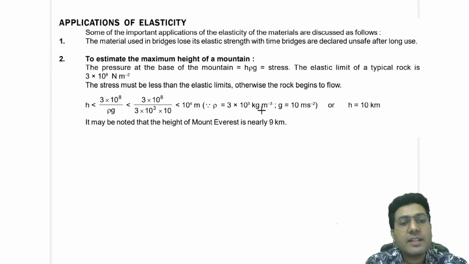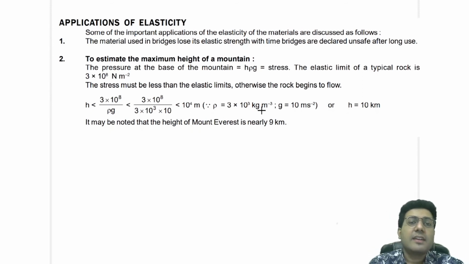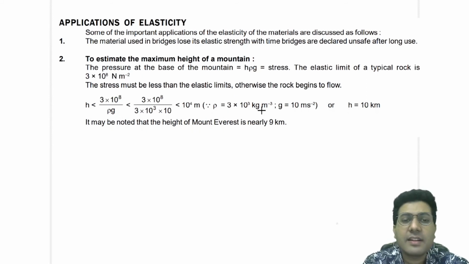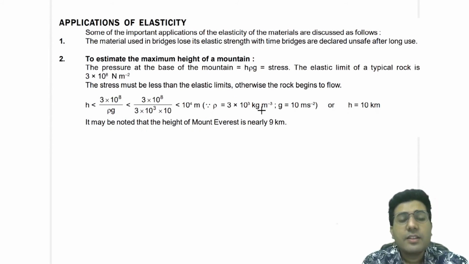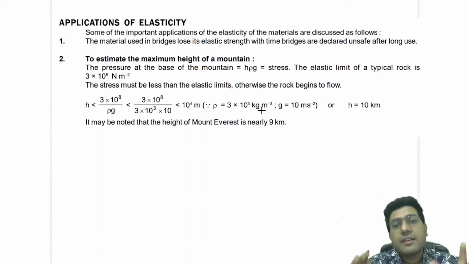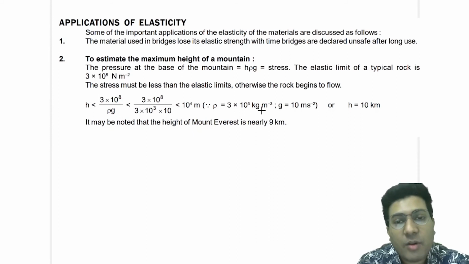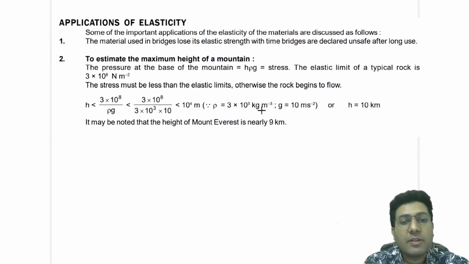It may be noted that the height of Mount Everest is nearly 8.5 or 9 kilometers. So the maximum height of a mountain can be approximately 10 kilometers, because after that the rocks will not be able to handle the stress and it will fall down.